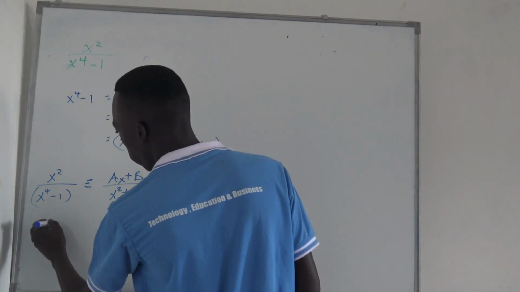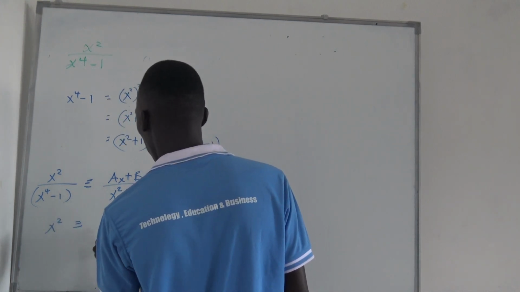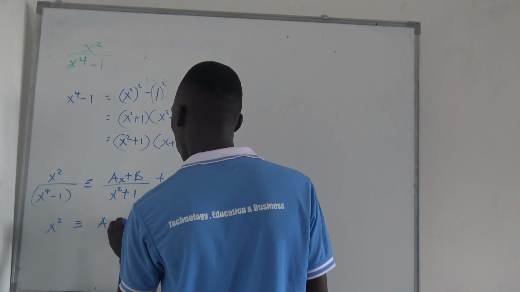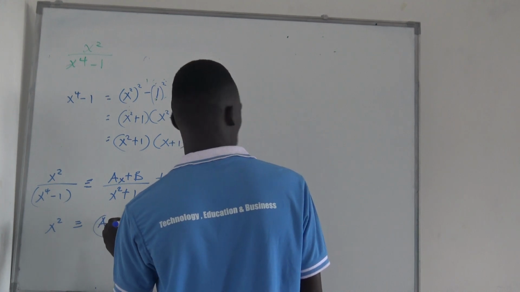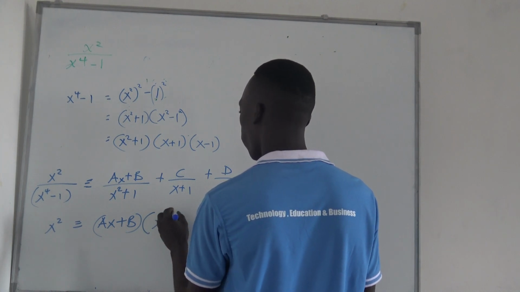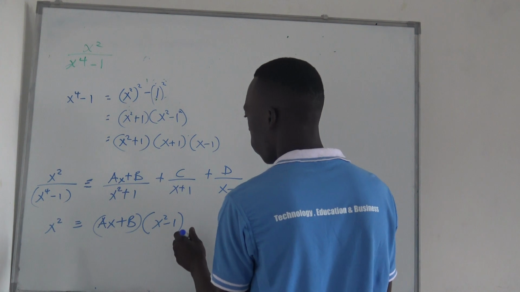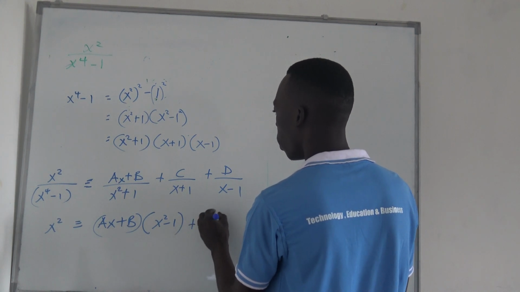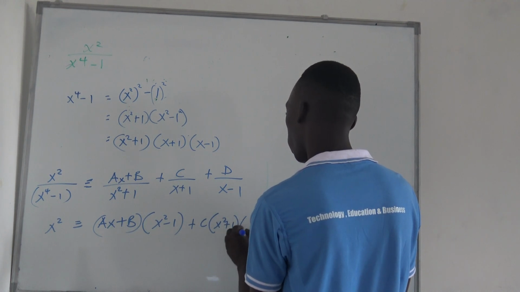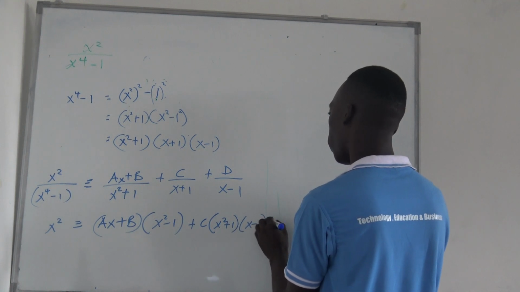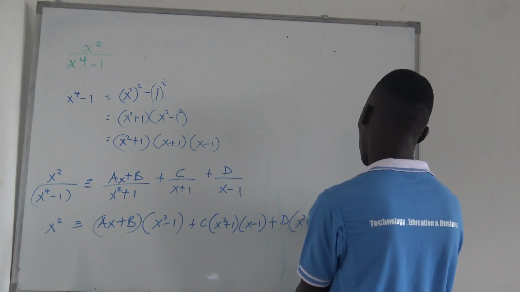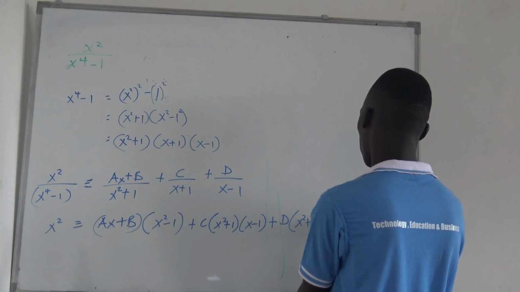So x squared is equivalent to ax plus b times x squared minus 1, plus c times x squared plus 1 times x minus 1, plus d times x squared plus 1 times x plus 1.